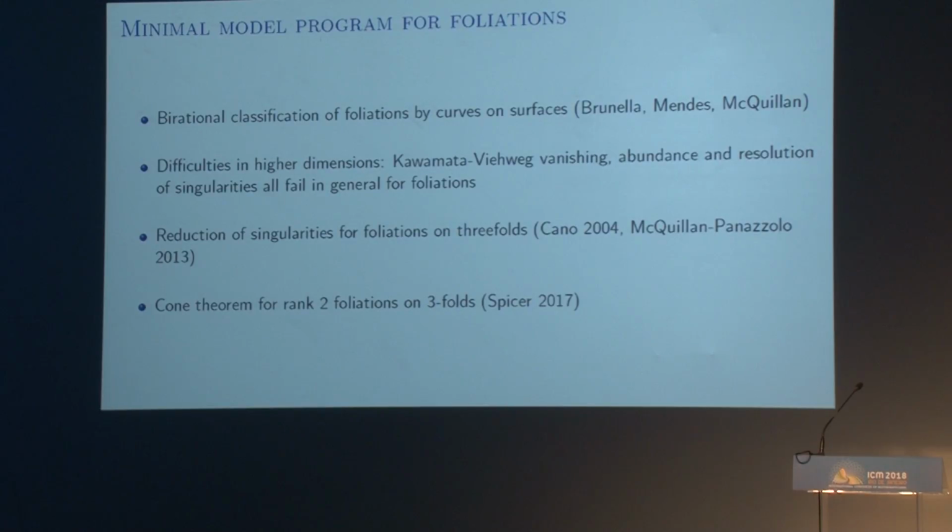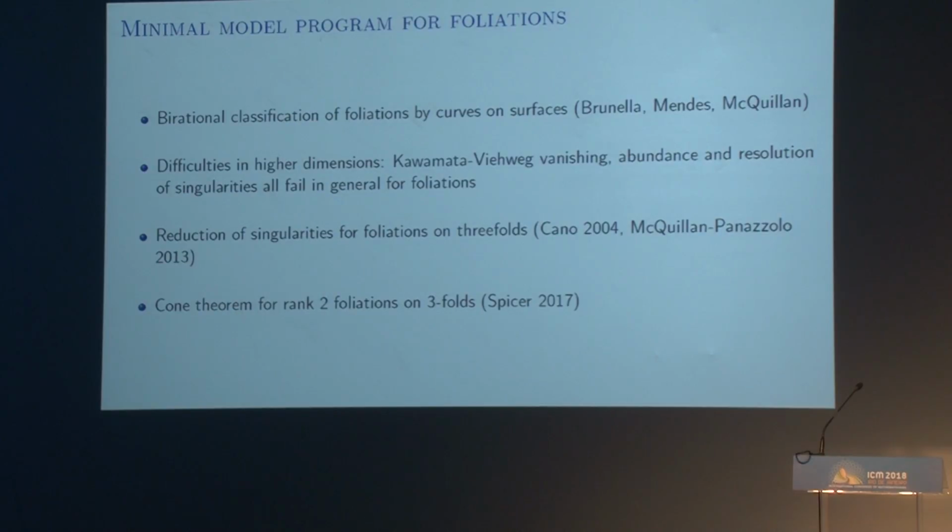So this minimal model program for foliations seems to be still very far away. But one may hope that Fano foliations, as well as foliations with numerically trivial canonical class, should play an important role in this theory.